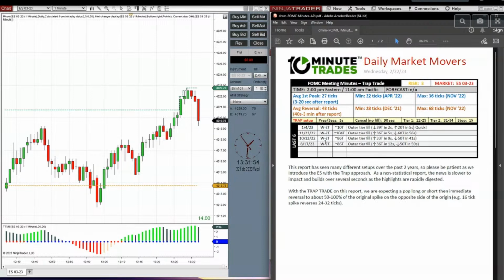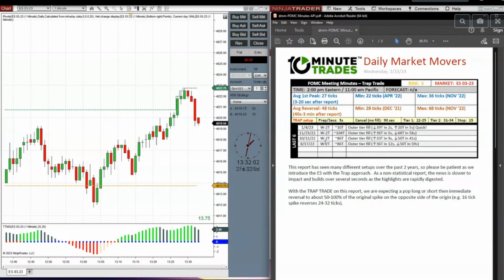Because this trade is so volatile, which works for a trap trade, the volatility allows the trap trade to work because the price goes up and down. So it's unusual to get filled early, but it doesn't always ruin a trap trade.